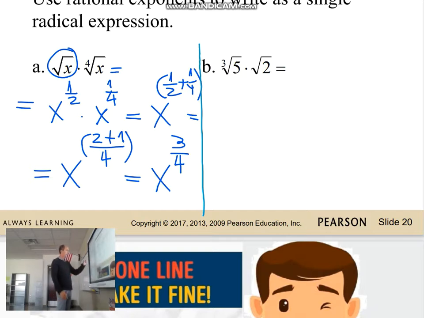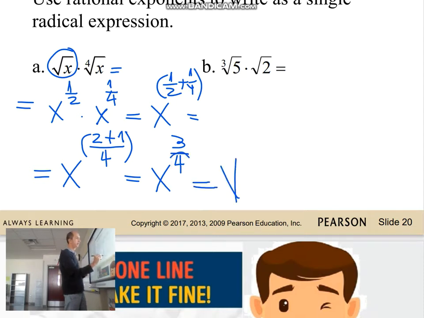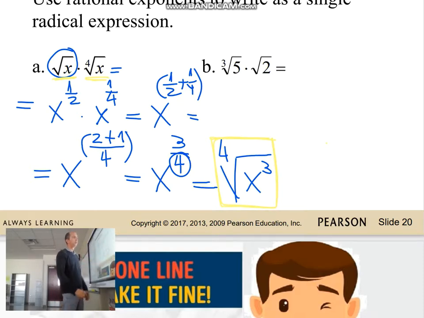Okay. And you can write this with the denominator as the index of the root and the numerator as the exponent. This is the answer. Before you had two separate roots, and now you can represent everything in one unique root.